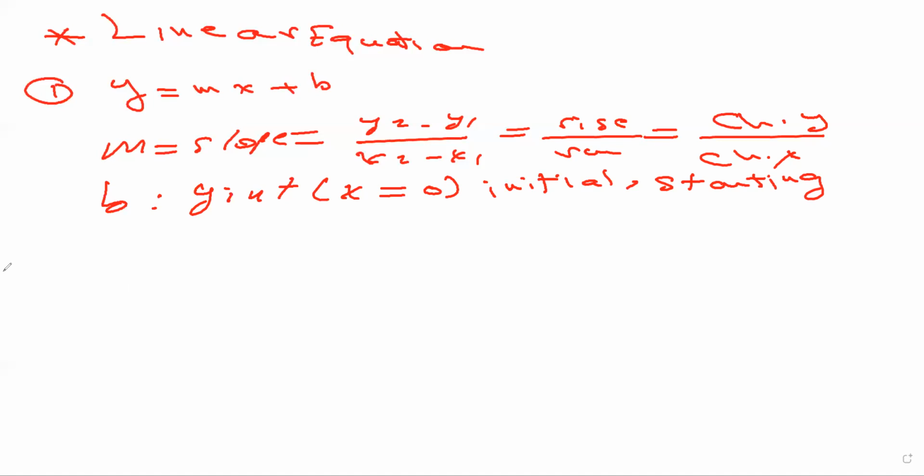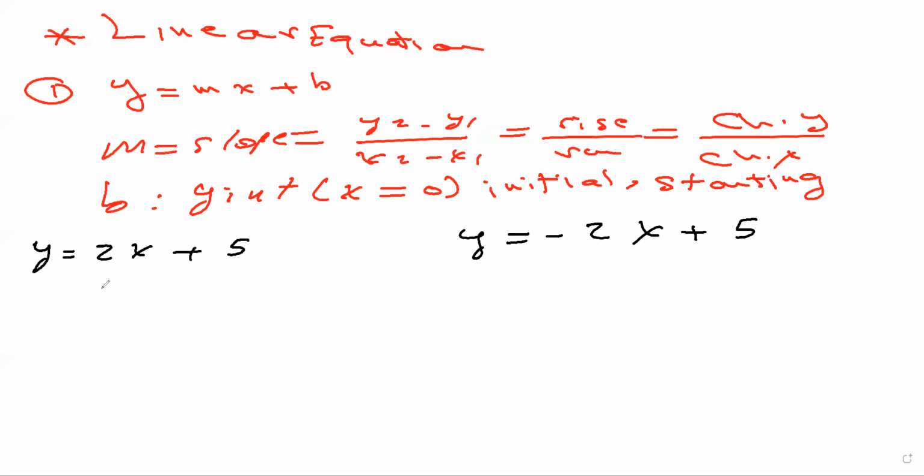Guys, let's say for example I have y equals 2x plus 5, and in the second one y equals minus 2x plus 5. What does that mean? In the word problem, every single time we have one equation for the word problem in the linear.